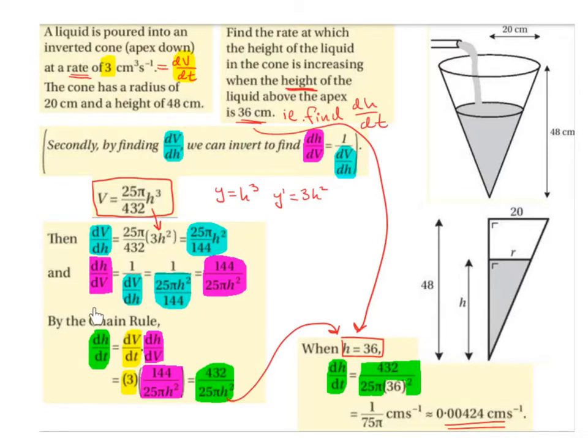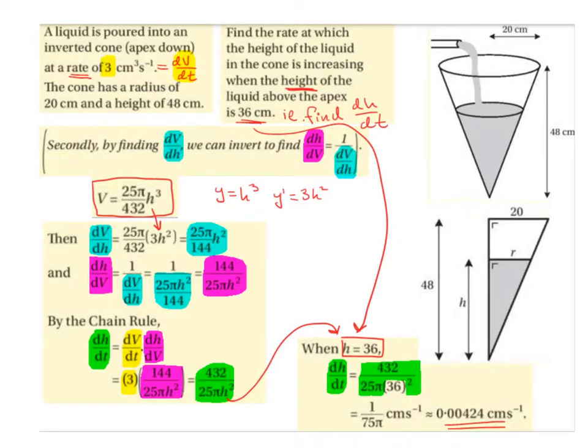So going back to our chain rule now, we are looking for dh/dt. So we're looking for the rate of change of the height with respect to time. And we know that we'll get that by getting dV/dt and multiplying it by dh/dV. So dV/dt was given in the question as 3. dV/dt is the rate at which the liquid is being poured into the cone.